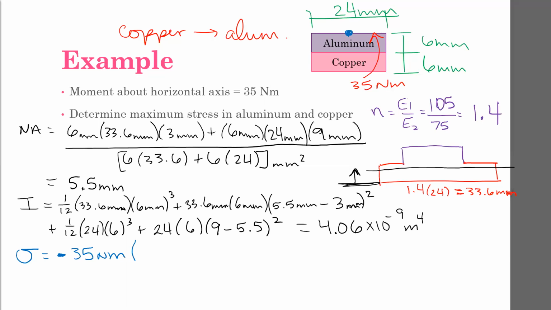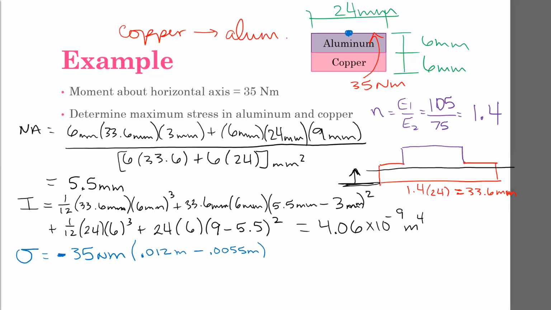Okay, so that's going to be, y is going to be, let's see, 0.012 meters minus 0.0055 meters. Would you agree with that?